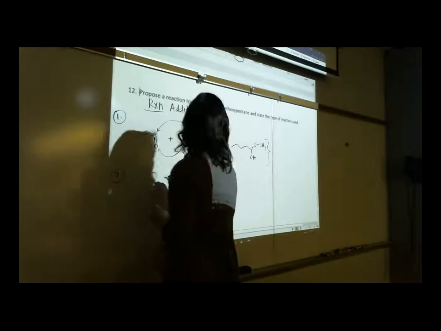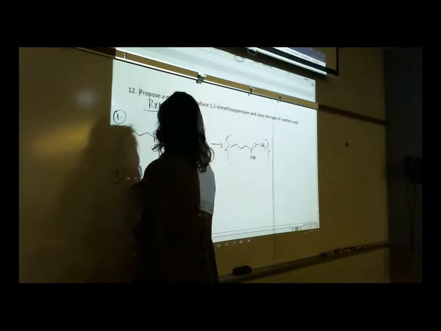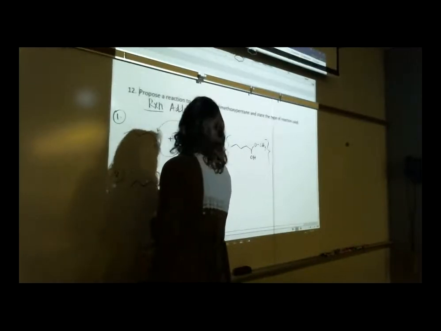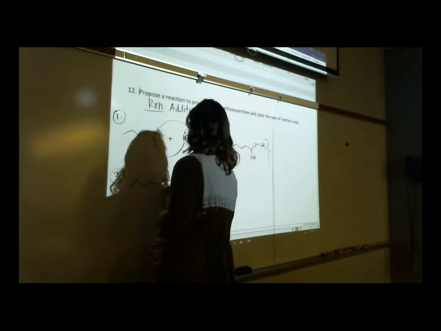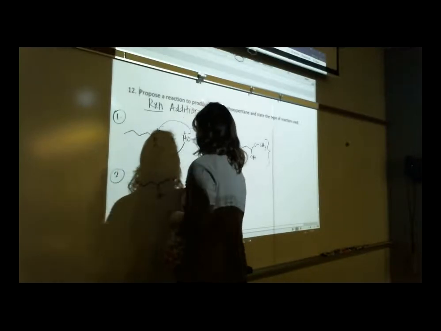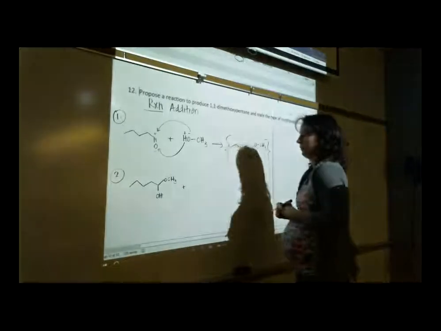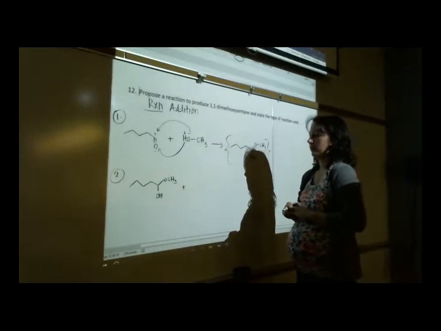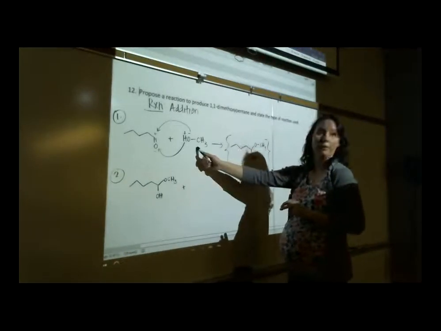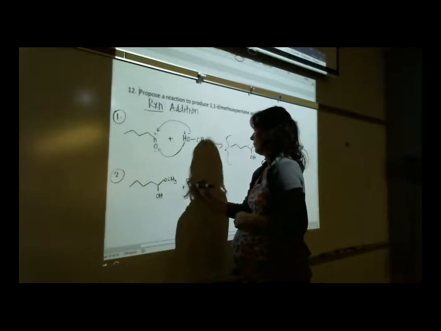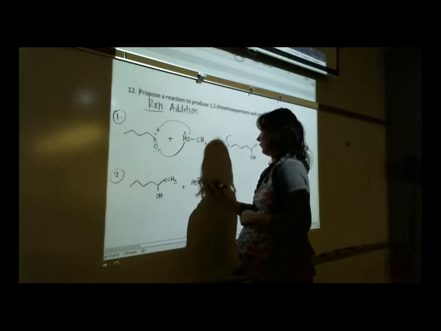The intermediate comes down. We redraw our intermediate, 1, 2, 3, 4, 5, OCH3, OH, and then what's this reacting with? So what's the second thing? Another alcohol, right?